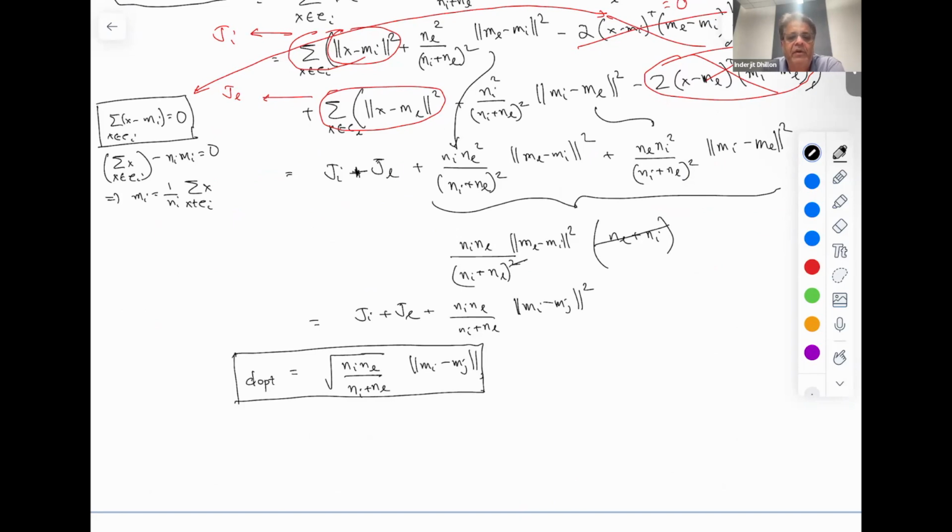There's a question in the chat. Is he cutting out for anyone else? Am I cutting out? Yes, a bit. The cursor is not visible when you point. Oh, really?